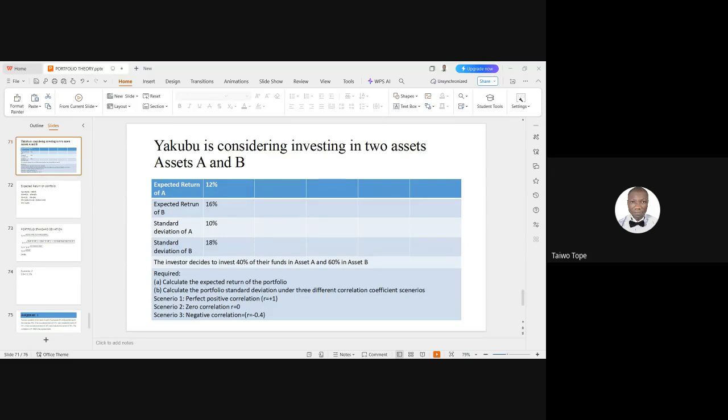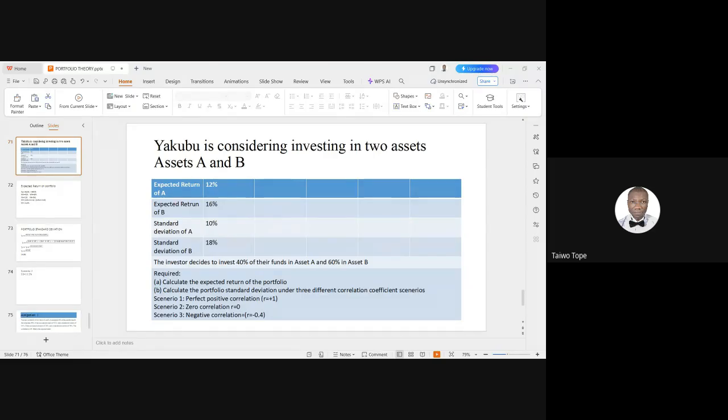If you look at the assumptions of portfolio theory, the best combination for the organization will be that of scenario 3.